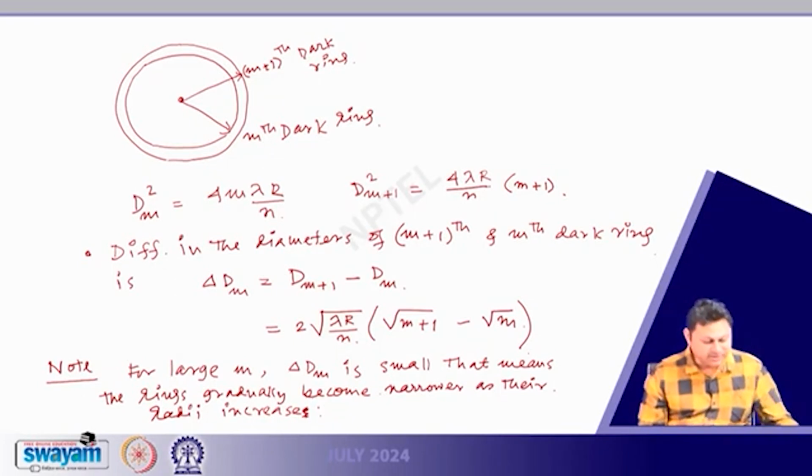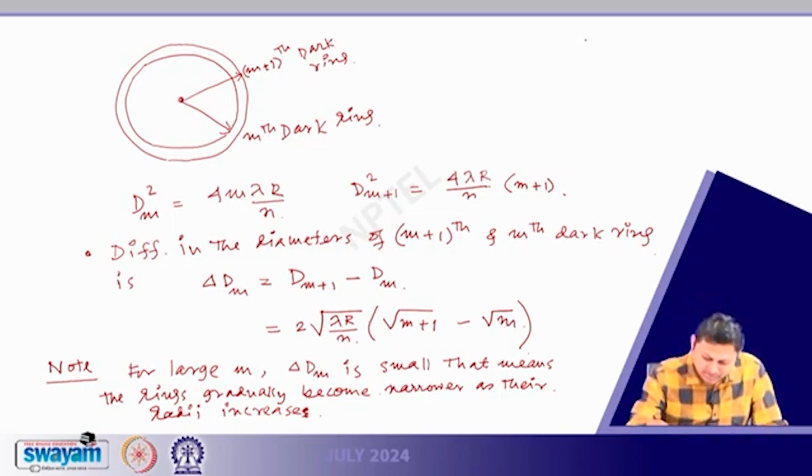So that is one aspect I wanted to discuss, and next, that is important, how somebody can measure the width of these rings, because these rings are not like a line, they should have some width.